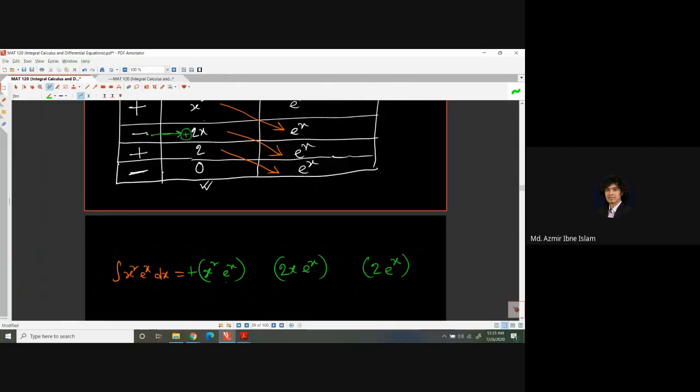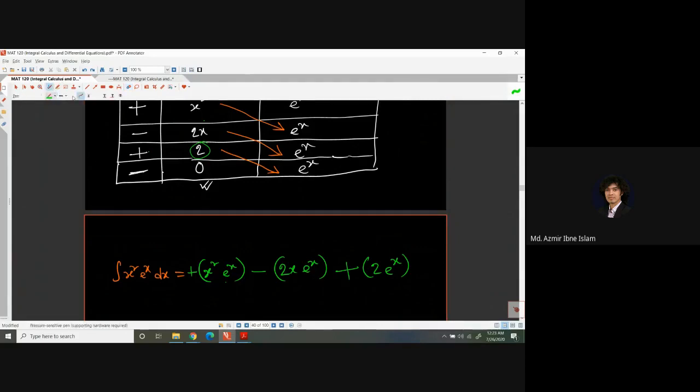You can see here we have positive, so negative positive negative negative positive, we have negative. Finally, let's think about the last part, that is 2 times e to the power x. So positive positive positive positive positive, finally we are getting positive. So this is how we can figure out the sign before all these terms.